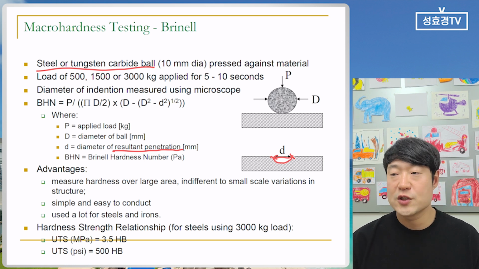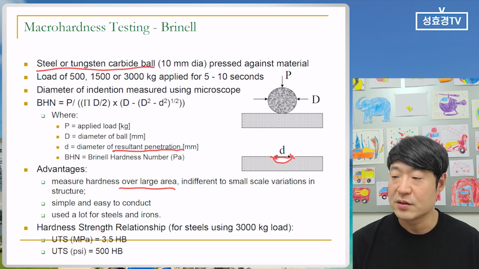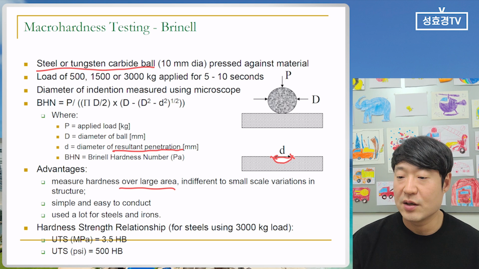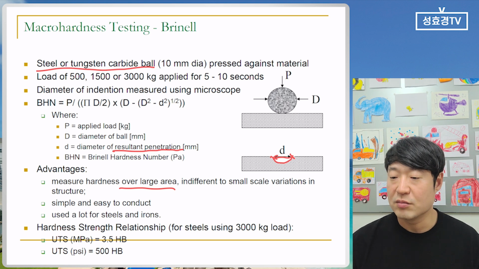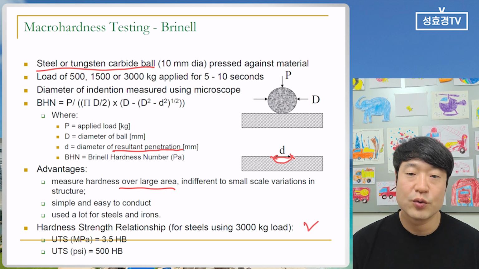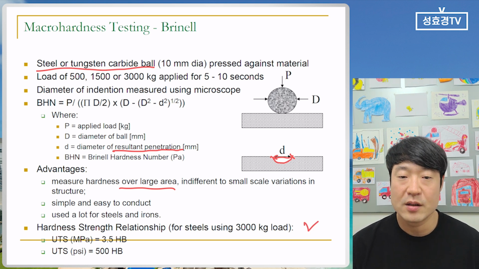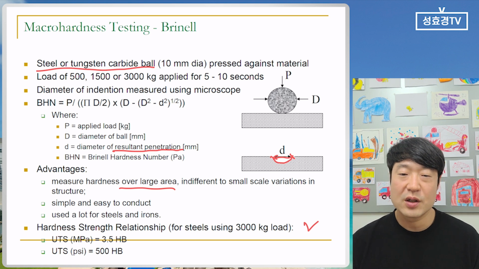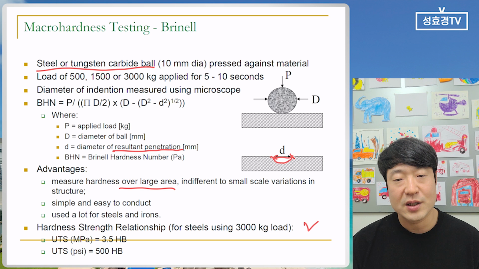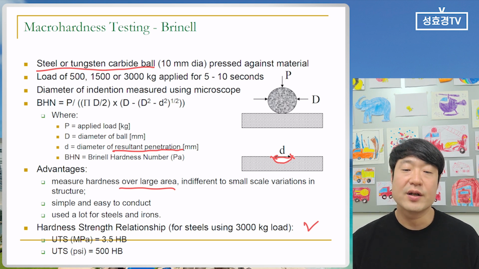So the advantage of the Brinell test is that it covers a large area, and we don't need to consider very small size scales. It is simple and used a lot for steels and irons. Sometimes they want to show the relationship between the hardness and the strength, but as you know, hardness and strength are not directly connected.